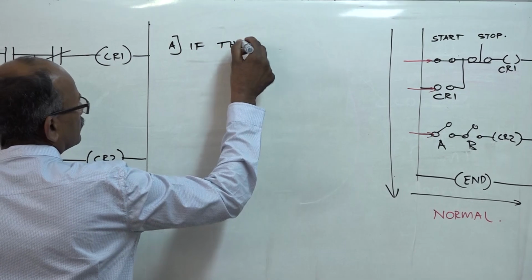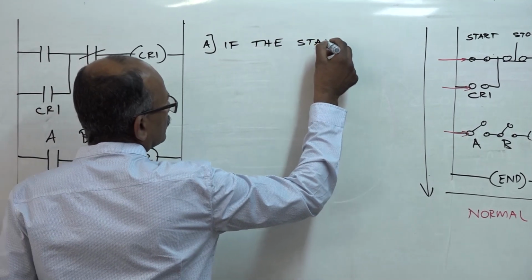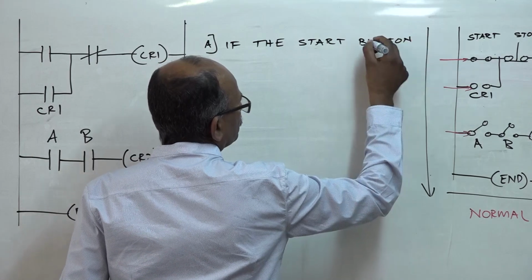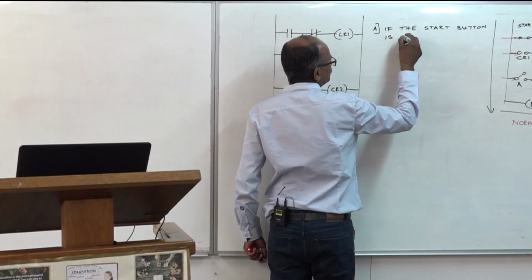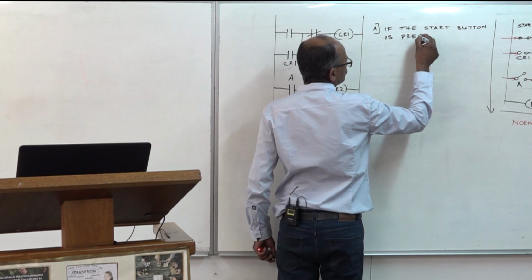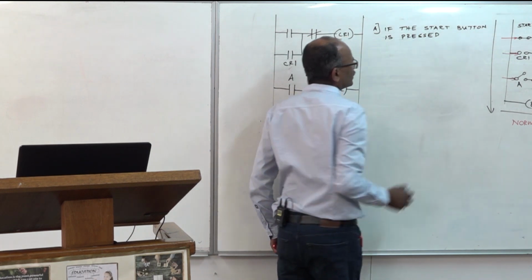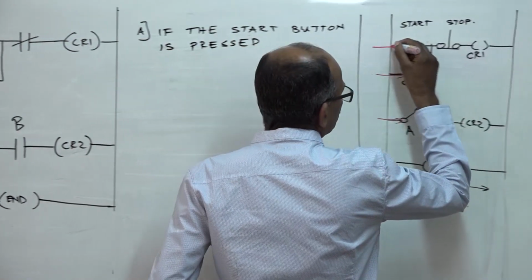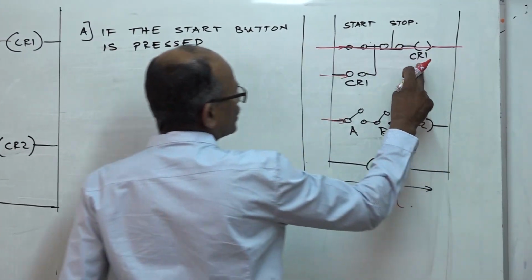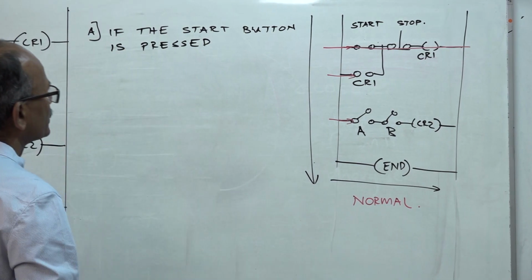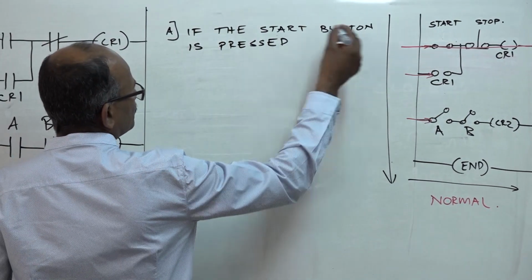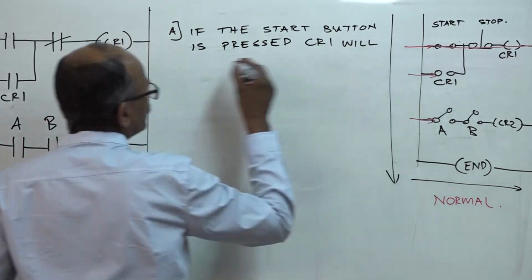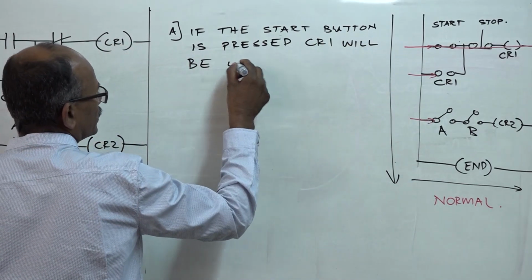If the start button is pressed, let's look at what would happen. You can see that current will flow and CR1 will be energized. So you will write that down. If the start button is pressed, CR1 will be energized.